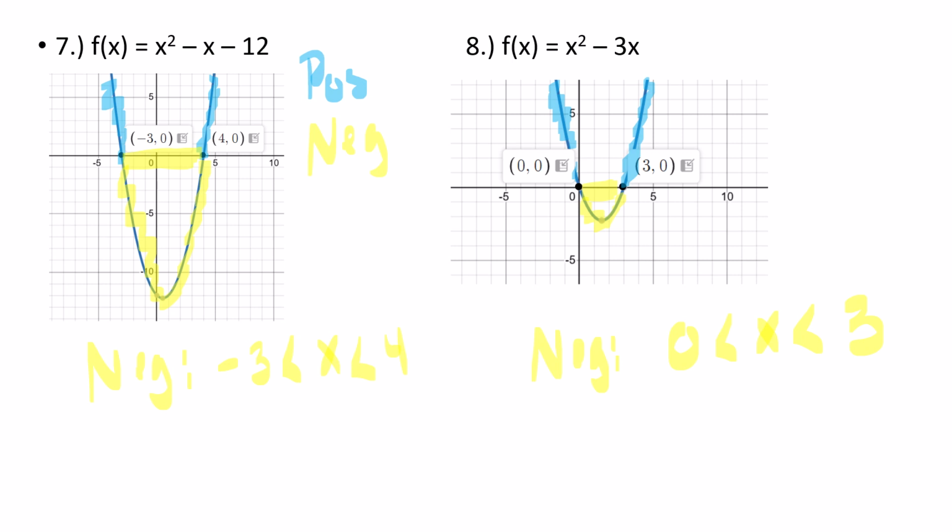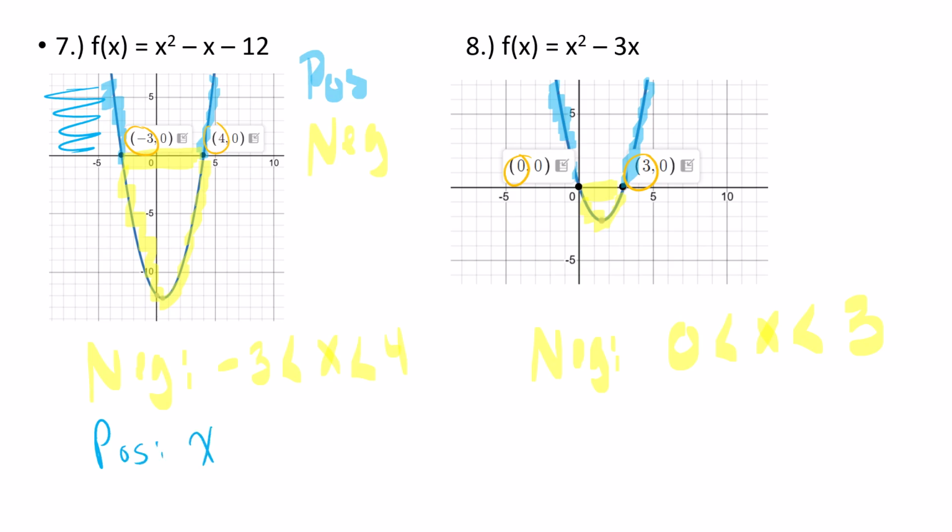So again, we're looking at those x coordinates. So reminder, we're always, always, always looking at the x's. All right, looking at positive. So positive is to the left of the -3.